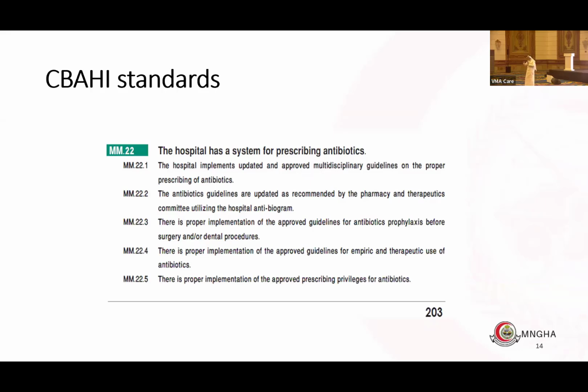This is to make sure that there is a clear guideline about prophylaxis antibiotics before surgery or dental procedures. There is also proper implementation of the approved guideline for empiric or therapeutic use. You have a guideline for brucella, a guideline for febrile neutropenia, clear in your hospital. And also there is proper implementation of the approved prescribing privilege for antibiotics.